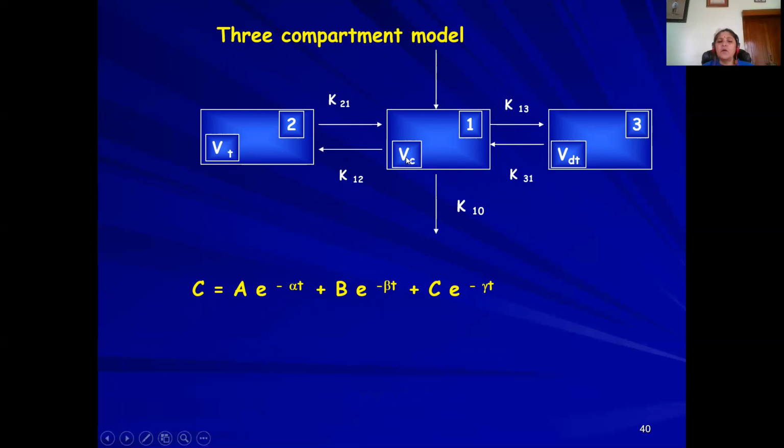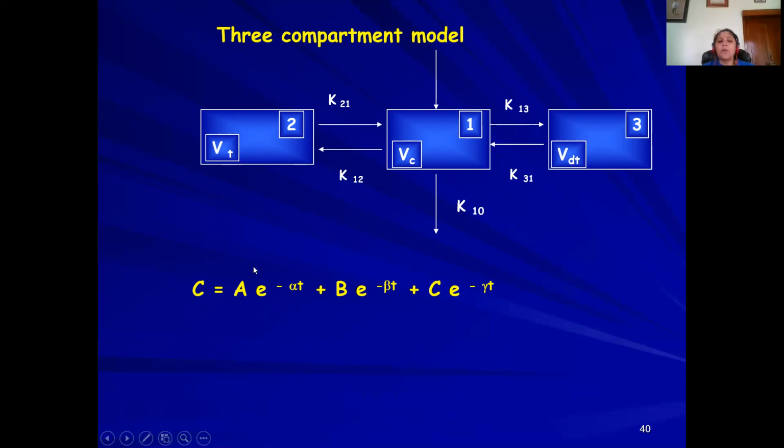So here this is the volume of distribution of central compartment, volume of distribution of tissue compartment, volume of distribution of deep tissue compartment. So this is called tissue compartment. This is called deep tissue compartment.